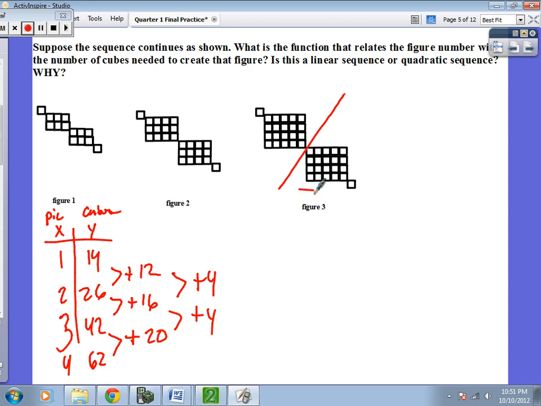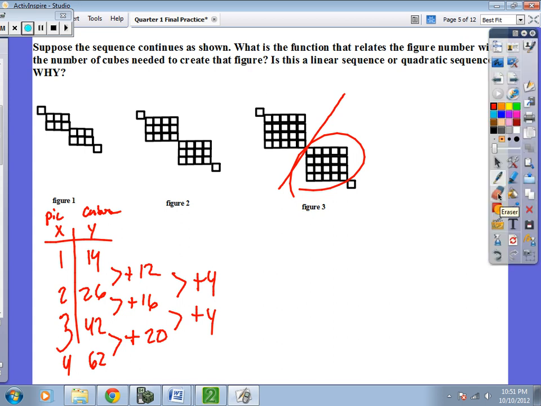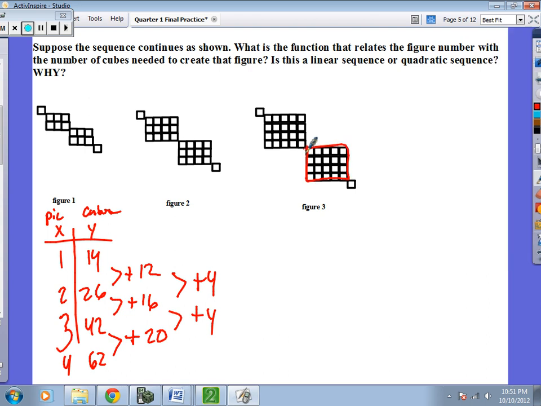So I'm going to look at this one right here, and I'm going to try and find a 3 in that picture. So if I'm hunting for a 3, first of all, let's look at the dimensions. Let's look, I'm just looking at this rectangle right here, and I noticed that it is 5 by 4. And I'll go back to figure 2, and this is 4 by 3. And figure 1 is 3 by 2.